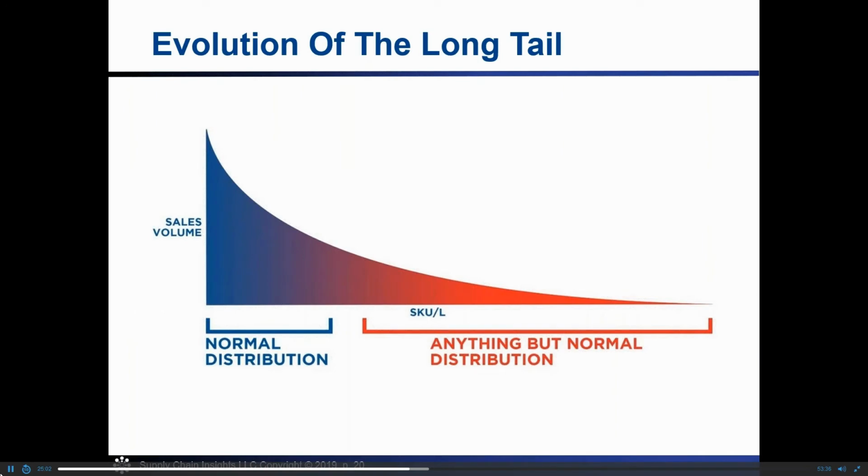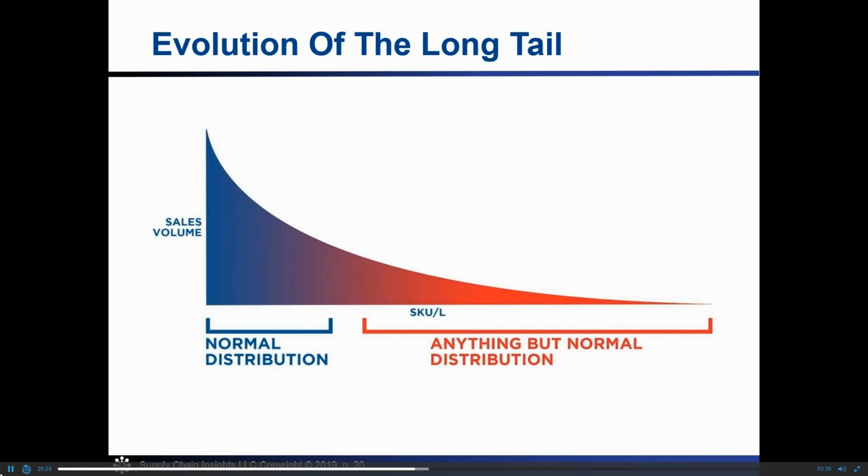The first pitfall is the evolution of the long tail. As we think about the long tail, the area in blue is the normal distribution. It is the high volume, very predictable demand. What you'll see in this area is demand error under 33%, mean absolute percent error.